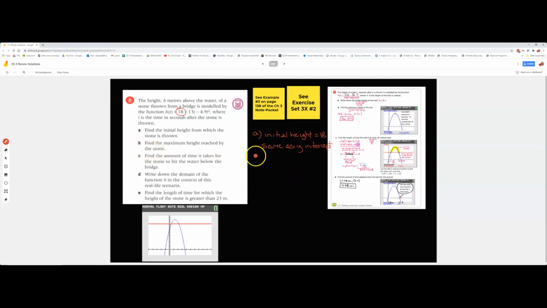Okay, part B, find the maximum height. Well, the maximum height is going to be the y-coordinate of the vertex. So we're going to graph it, use the max function, and find out what the y-coordinate is of the vertex.